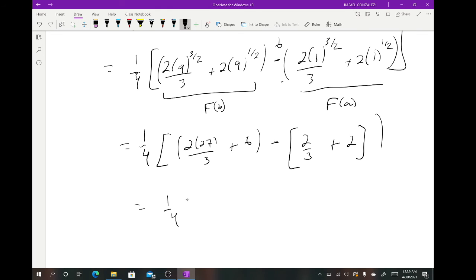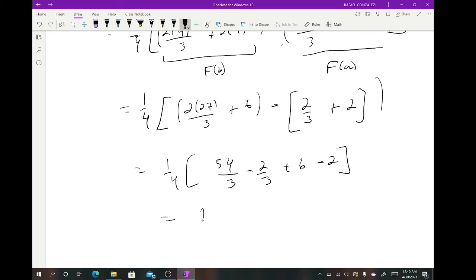So this is 1/4 times, remember how we did that other problem, this is going to be 2 times 27. So let's actually multiply this. So 2 times 27 is going to be 54 over 3 minus 2 over 3 plus 6 minus 2. So we get that this is equal to 1/4 times 52 over 3 plus 4.